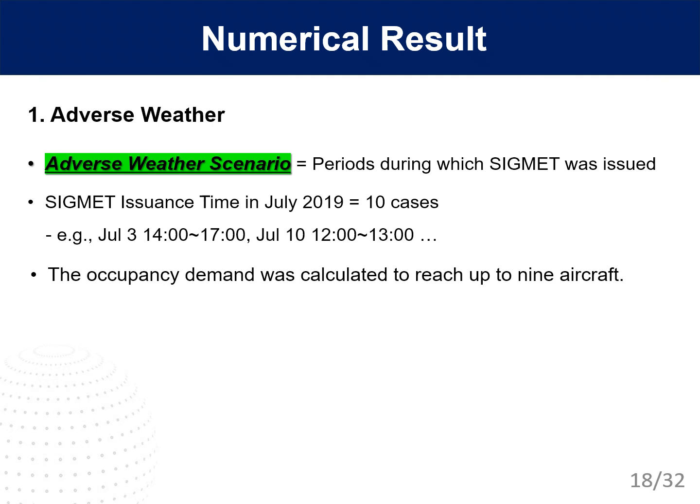Trajectory data corresponding to all these SIGMET periods were extracted to calculate the frequency of task occurrences, which was then used to estimate the adverse weather task load. And during these periods, the occupancy demand was calculated to reach up to 9 aircraft. Occupancy demand means how many aircraft the air traffic controller is managing at the same time.